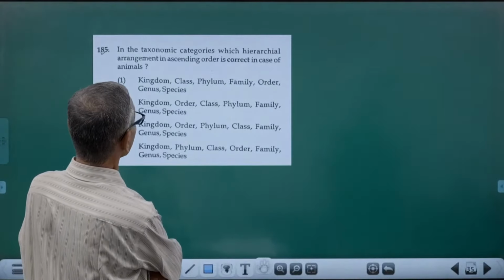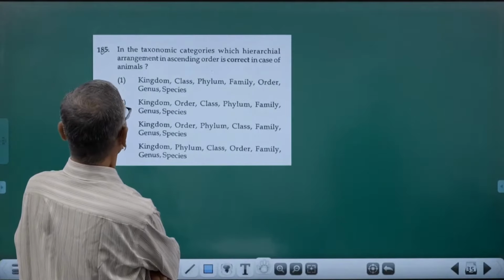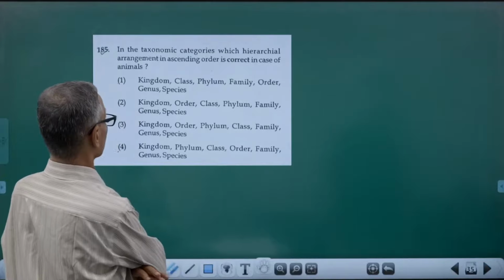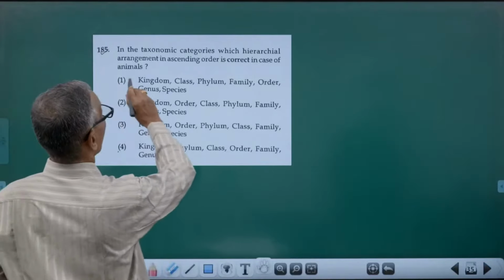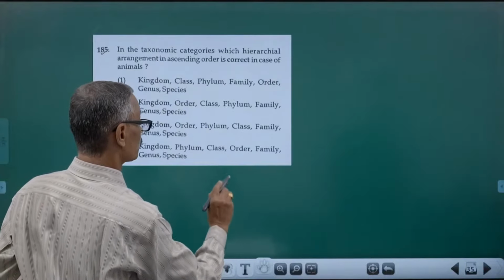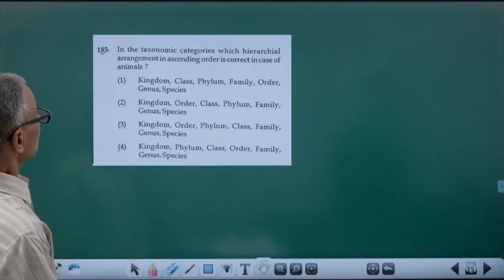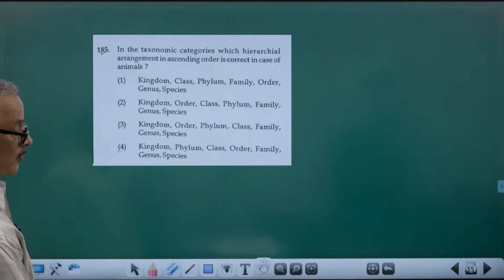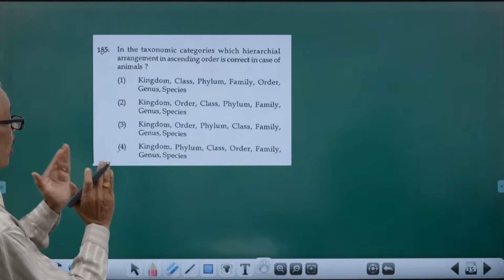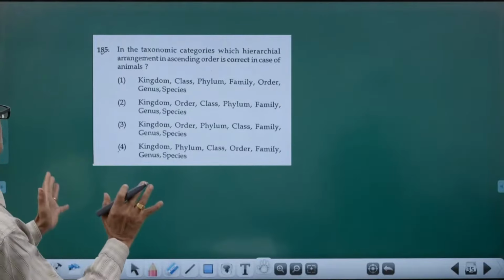In the taxonomic categories, which hierarchical arrangement is in ascending order? Ascending order means from the smallest to the largest. That is correct in the case of animals. It should be starting from the smallest to the largest.